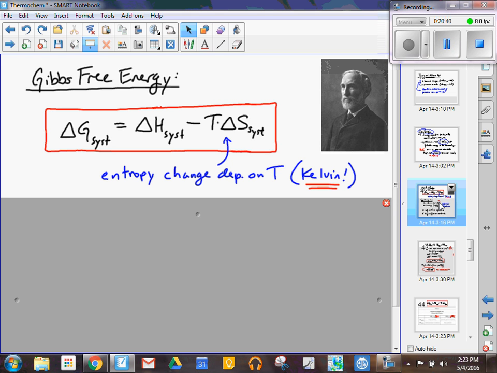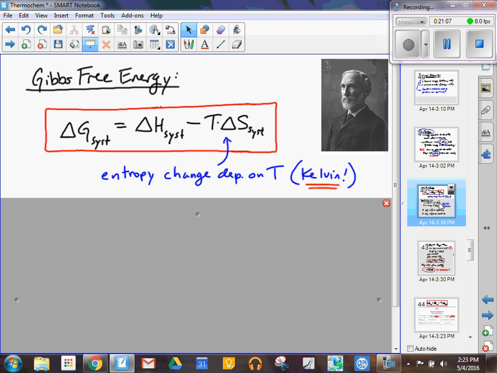He was a very famous chemist in the late 1800s, was the first doctorate of engineering awarded in the United States, from Yale, and then he stayed at Yale for the rest of his career. Einstein called him the greatest scientific mind in American history. So this is a giant in the history of science. And he discovered and elucidated this formula.